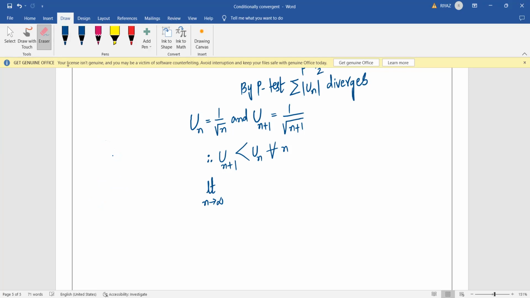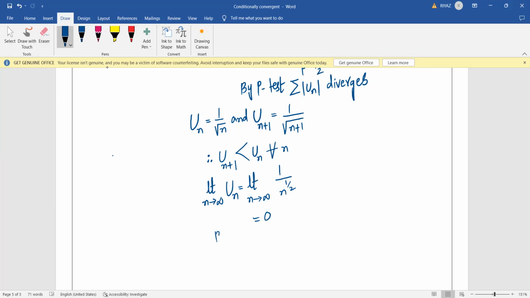Then limit n tends to infinity un equals limit n tends to infinity 1 by root n. We know that as n tends to infinity, 1 by n tends to 0, power may be anything.